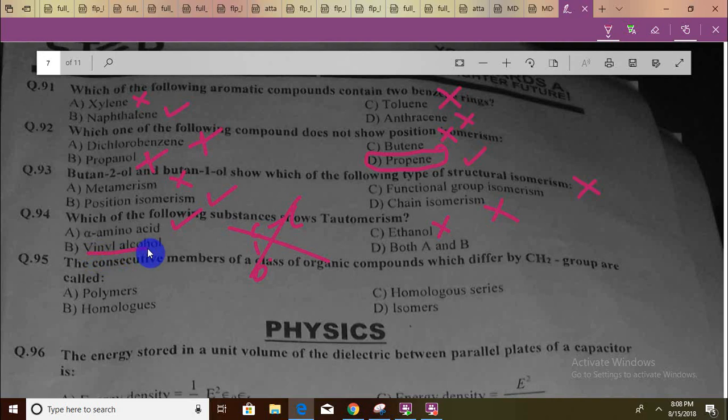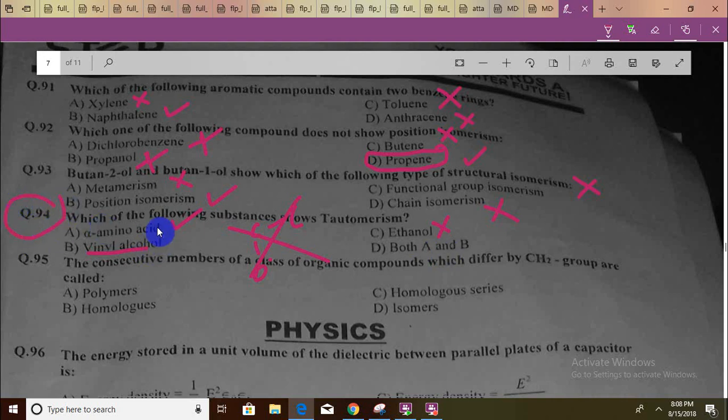There is vicinal and geminal. Geminal means on the same carbon, and vicinal means on adjacent carbons. What does vinyl mean? But the fact is that tautomerism is shown only by amino acids or by keto-enol groups. And these are neither. So the answer is A.